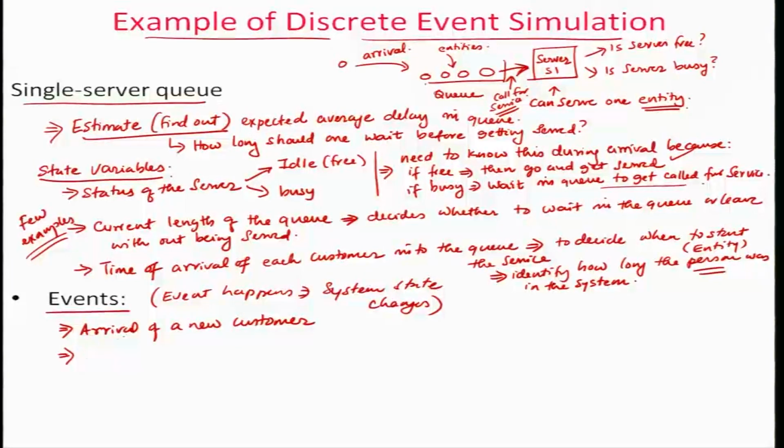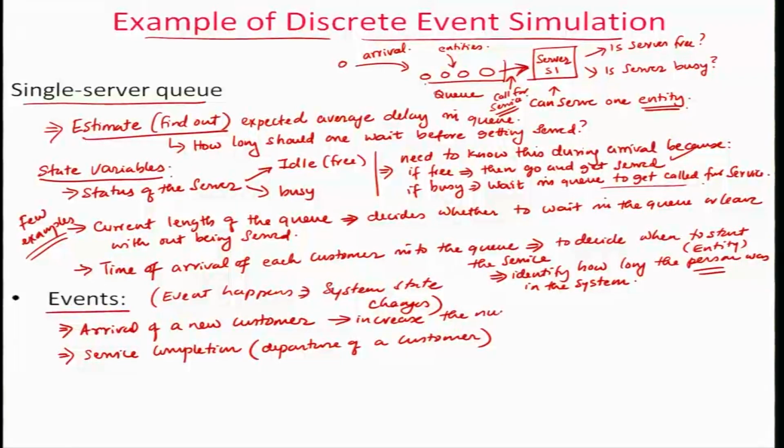Then service completion or departure of a customer. When the service is completed and a customer departs from the system, that reduces the number in the system. So, here it will increase the number in the system. In this case, it will decrease the number in the system.